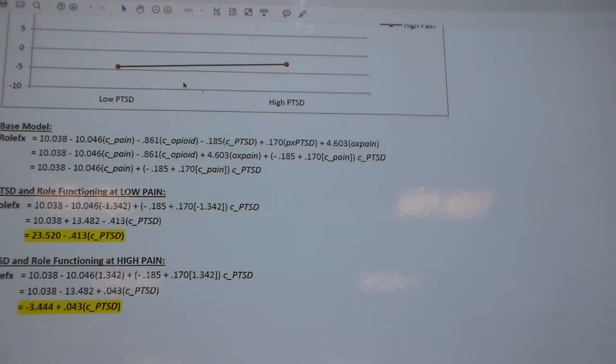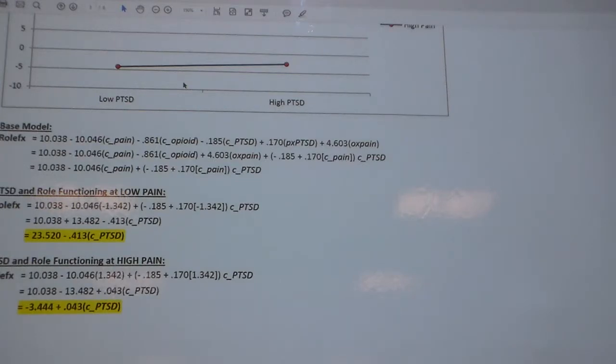So I've got this, and what I want to do is factor out PTSD. So I'm going to drop down my intercept. Pain is not my conditional effect, so I'm going to drop that down. Opiate use is not a part of a conditional effect, so I'm going to drop that down, right? But PTSD is part of a conditional effect, so I'm going to hold on to that. Here I've got pain times PTSD, I'm going to hold on to that. But here's this opiate use times pain interaction. I'm going to drop that in there, okay?